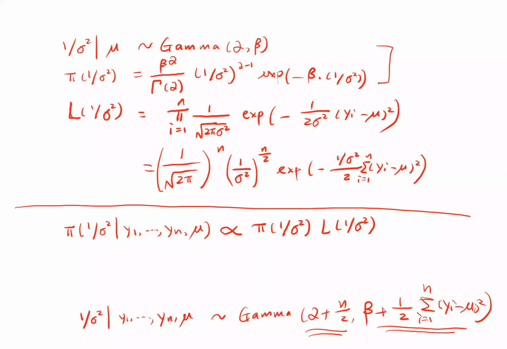Just a clarification first: this is just notation. This is the gamma distribution. You have this constant in front, beta to the power of alpha over the gamma function, the capital version, of alpha. That's what that form is.